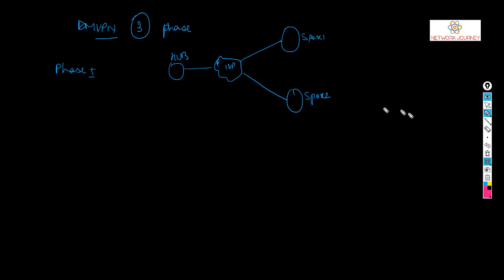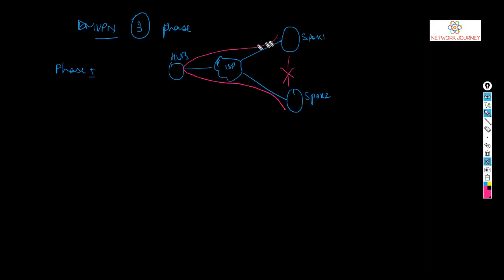Let's say I am configuring VPN phase 1 in my enterprise. So as per phase 1, my traffic has to always go via this direction. That means spoke 1 cannot communicate to spoke 2 directly.